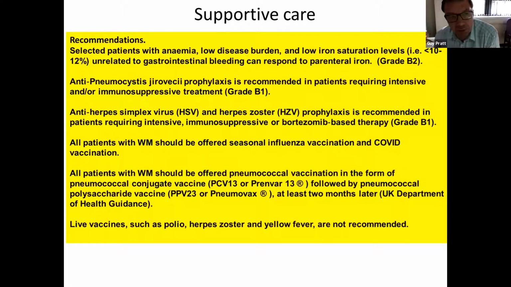Quite a bit on supportive care in the guideline, particularly around managing infections, vaccination, offering vaccination, which I don't think we're very good at, to be honest, in the UK.